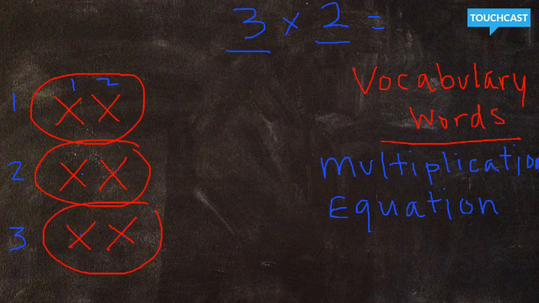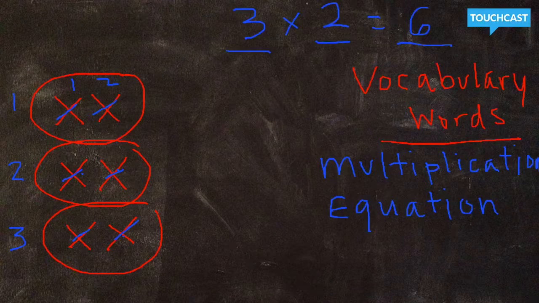And we can even find the product or the answer by just counting up all the total numbers or x's. 1, 2, 3, 4, 5, 6. So our equation that shows this picture is 3 times 2 is 6.